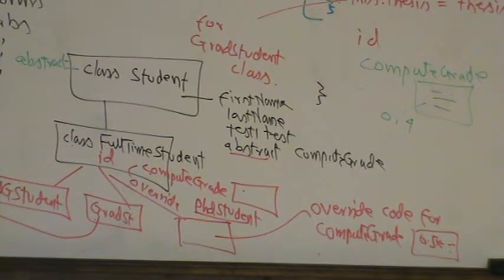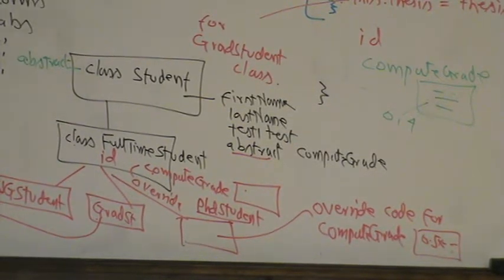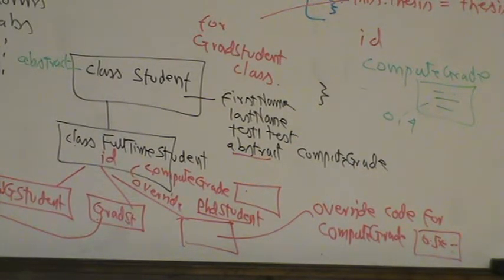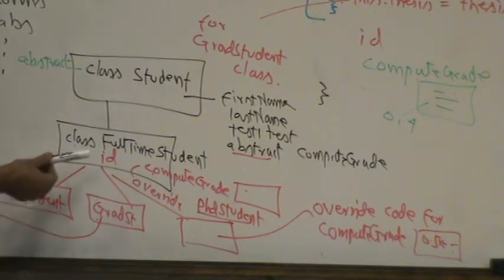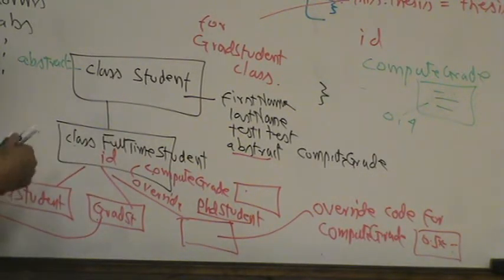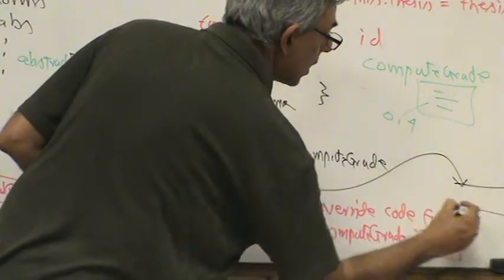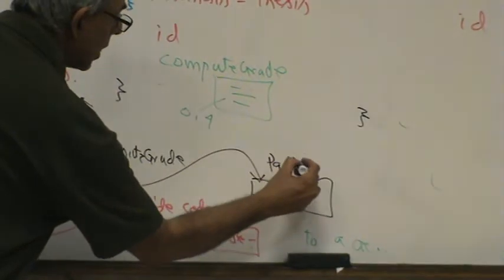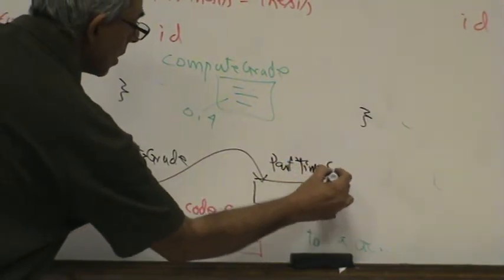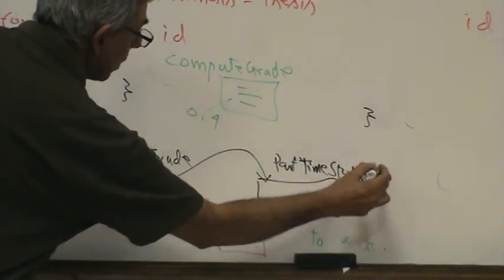Now, let's go to the part-time student. Where will the part-time student inherit from? So part-time student will not inherit from a full-time student. So from here, we will inherit part-time student. What fields will we add over here?